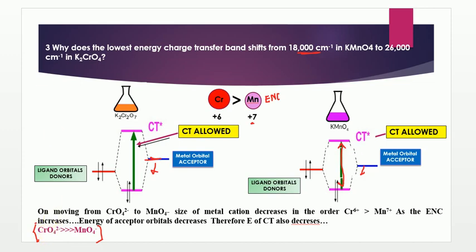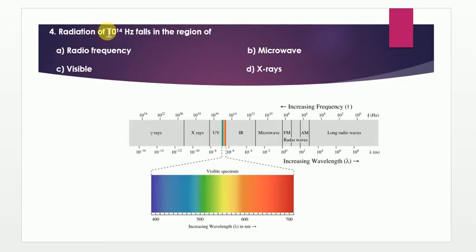And the next question: the radiation of 10 to the power of 14 Hz falls in which region? You know that the electromagnetic spectrum has different regions, and this particular radiation, 10 to the power of 14 Hz, falls under the visible region. See here in this diagram, this is 10 to the power of 14.